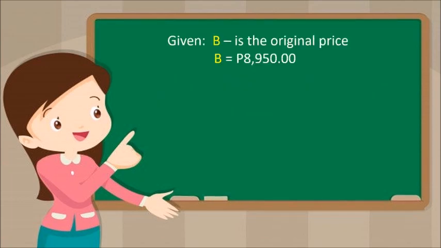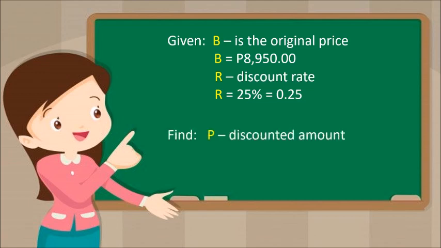Okay, so what is given? Given is B, where B is the original price, and B is equal to 8,950. And also R, which is the discount rate, which is equal to 25%, or shall we say 0.25.